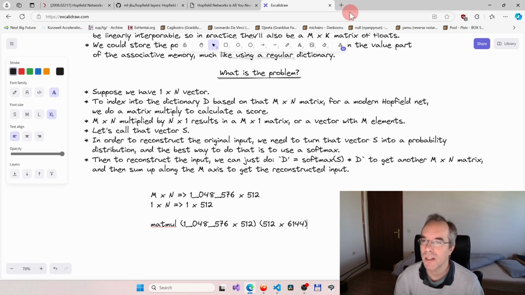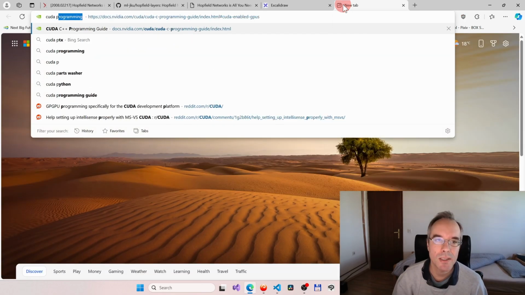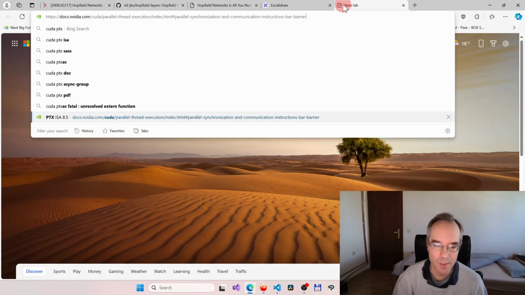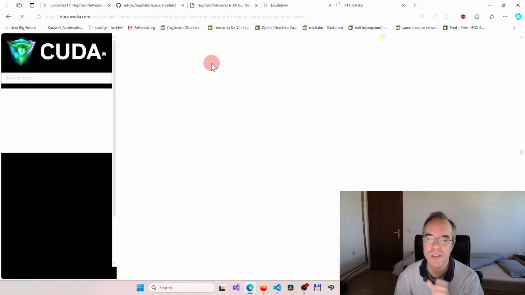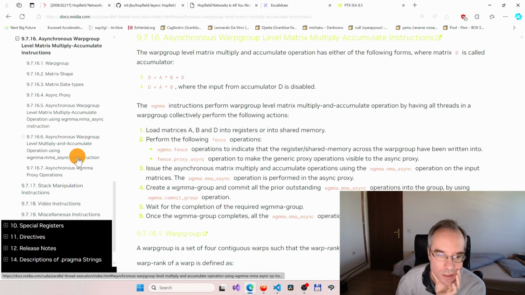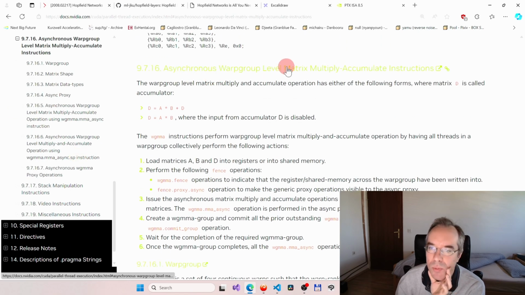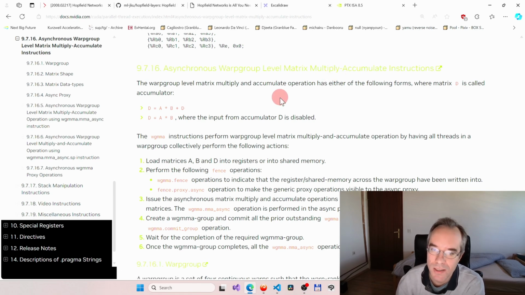For the newer cards like the H100, the Hopper cards, in CUDA PTX, they have these specialized instructions for matrix multiplication. They have these warp group matrix multiply accumulate instructions.